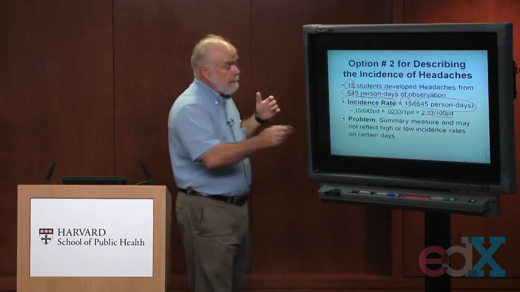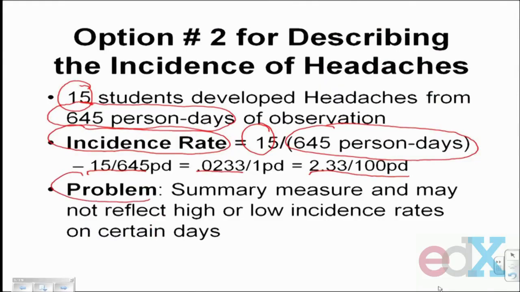There is a potential problem with this calculation. This number, 2.33 cases for every 100 person days, doesn't take into account that 4 of my people developed a headache on the first day, and only 1 person developed a headache on the 7th day. So maybe the risk of developing headaches on certain days during the follow-up was greater than on other days.